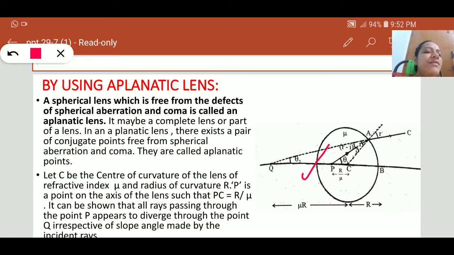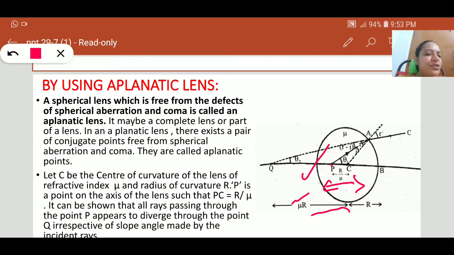If we place an object at point P, the object distance is r by mu, then the image is formed at a distance of mu r. If we show that condition, then this lens behaves like an aplanatic lens.